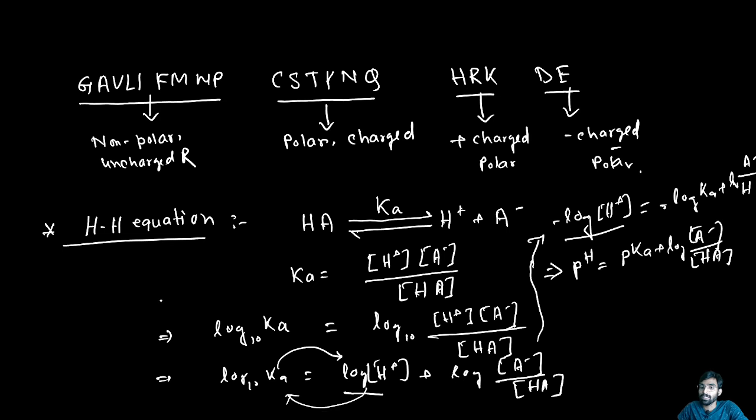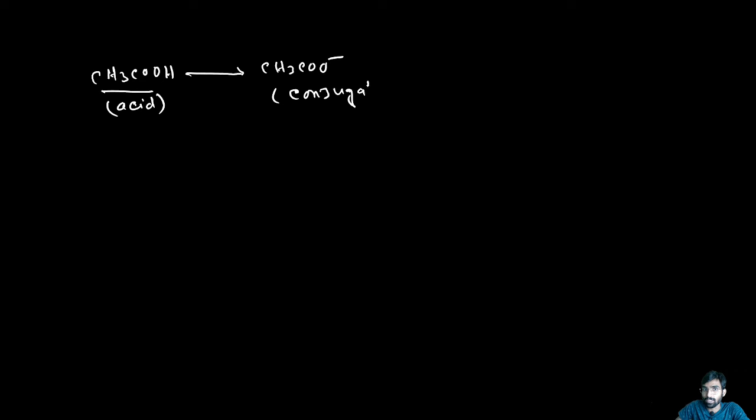Now if you remember the acid-base concept, suppose there is CH3COOH, this is an acid. What will be its conjugate base? CH3COO minus. Similarly, for HA, A minus is the conjugate base.